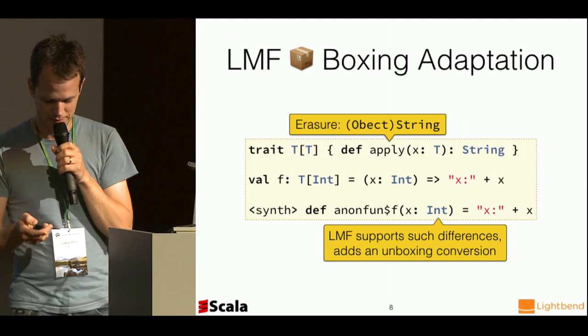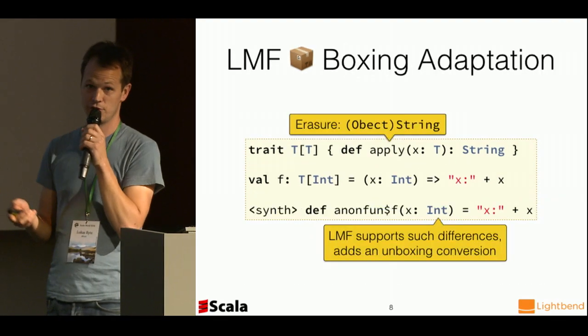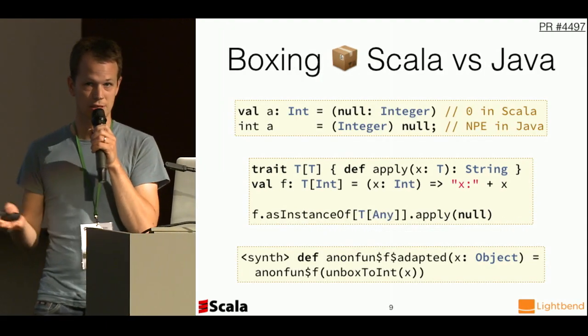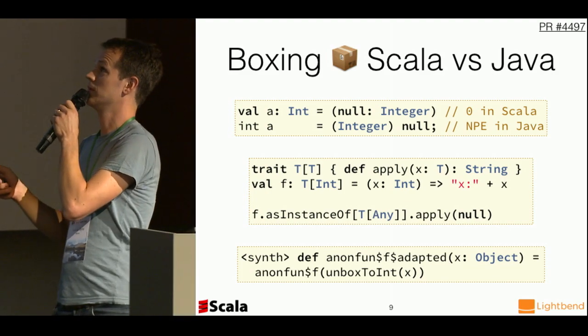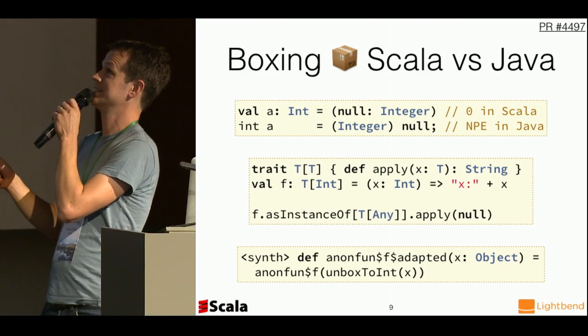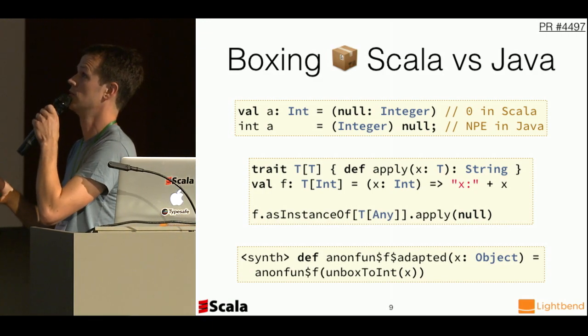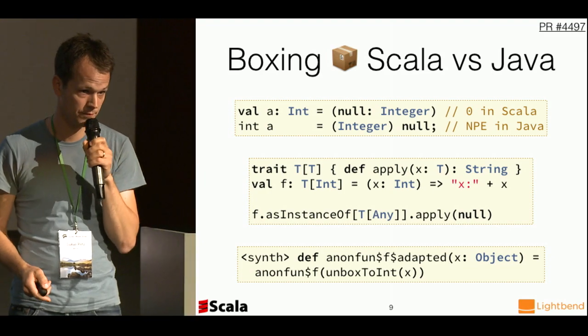And this kind of adaptation is supported, so we can just do it, and Lambda meta factory figures it out. But unfortunately, boxing and unboxing in Java and in Scala are not exactly the same, and the corner case here is null. So if you unbox a null in Scala, you get 0. If you unbox a null in Java, you get a null pointer exception.